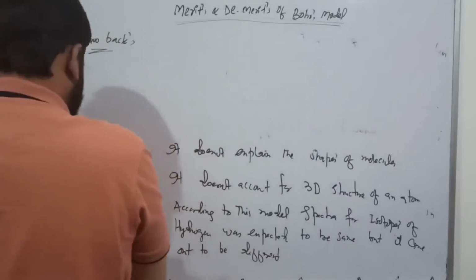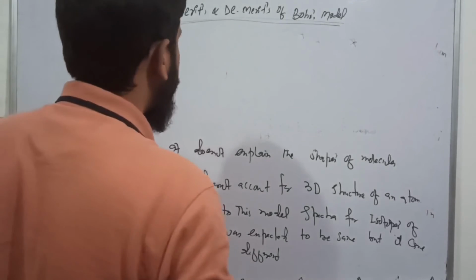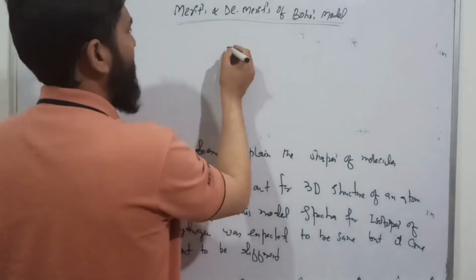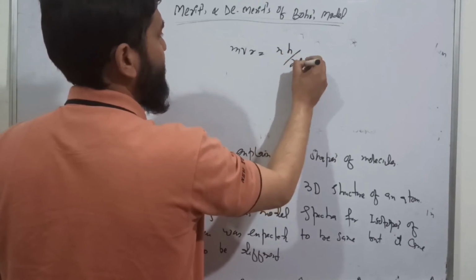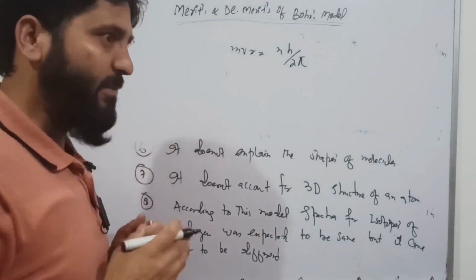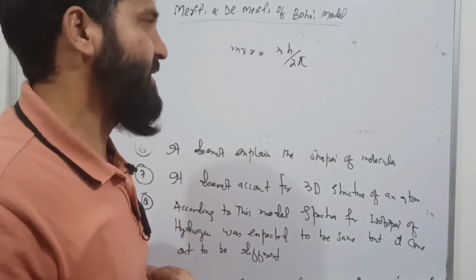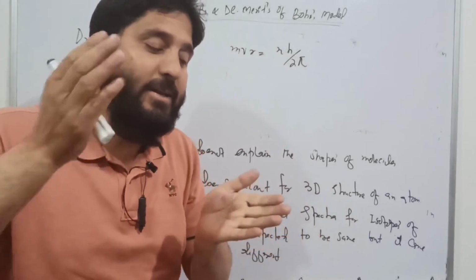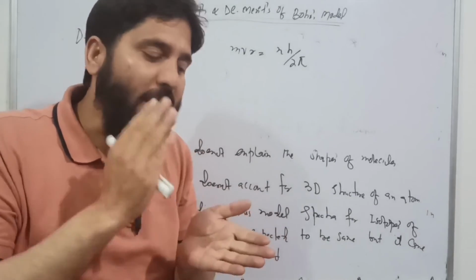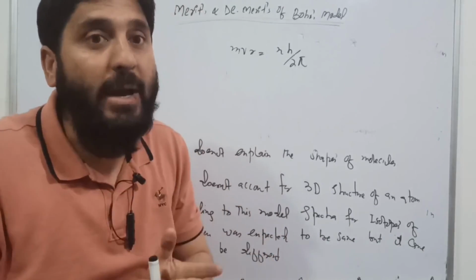नेक्स्ट इंपॉर्टेंट लिमिटेशन जो बोहर्स मॉडल का था, बोहर्स मॉडल का एक और इंपॉर्टेंट लिमिटेशन था. बोहर्स मॉडल ने हमें कहा था दैट MVR इज इक्वल टू NH/2π, जो हमने लेक्चर नंबर 4 में डिटेल में डिस्कस किया है. That means the angular momentum is quantized and it is equal to the integral multiples of h/2π.